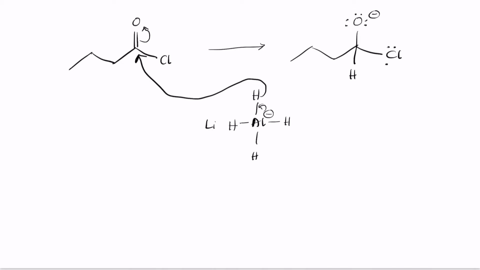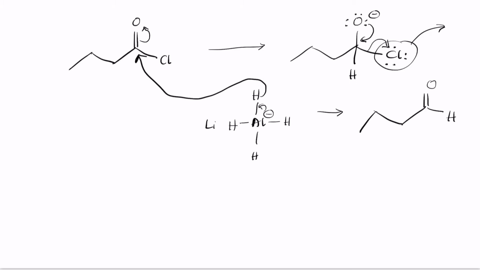Now what will happen here is that the oxygen will donate its electrons back, and between the two groups that are attached, chlorine is the good leaving group, so it will leave, resulting in the formation of an aldehyde.